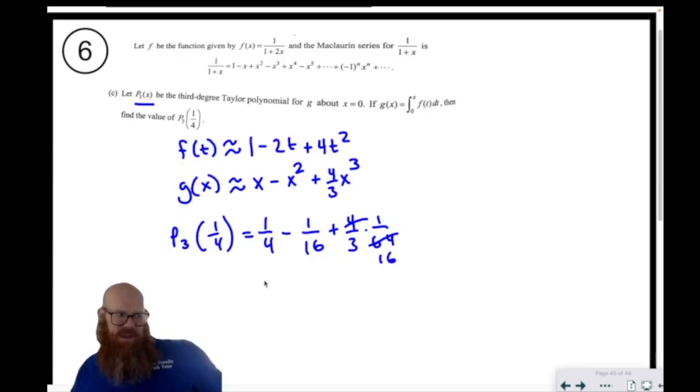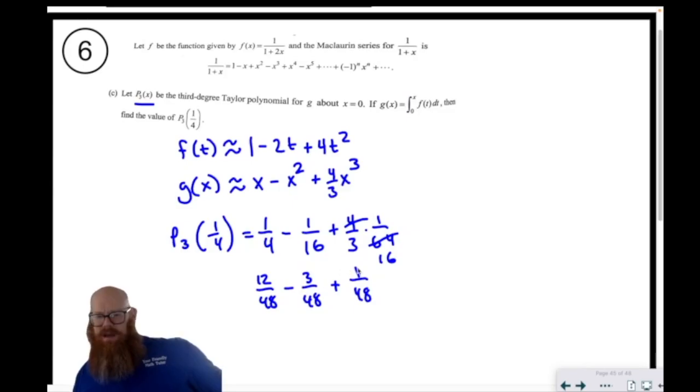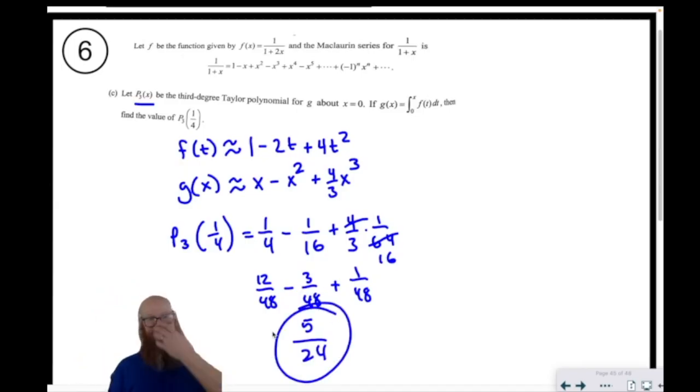If I want everything in terms of 48, 1/4 is 12/48, minus this is 3/48, and then right here I have 1/48. So 12 minus 3 is 9, 9 plus 1 is 10. 10/48 reduces to 5/24. And that is our answer for that one.